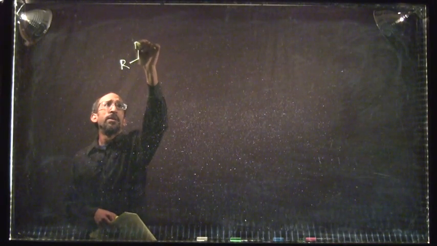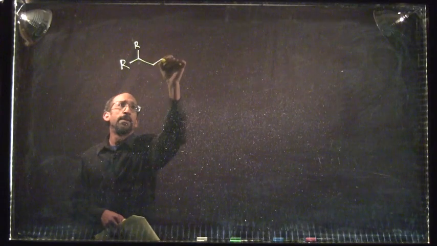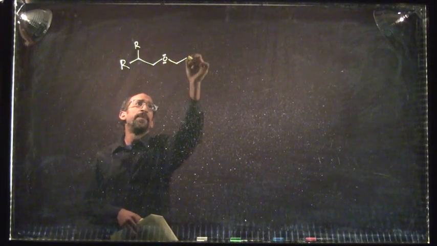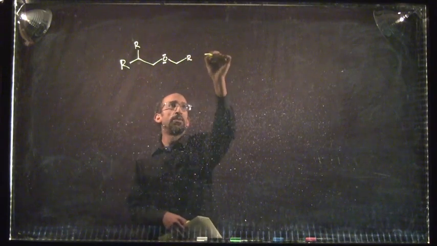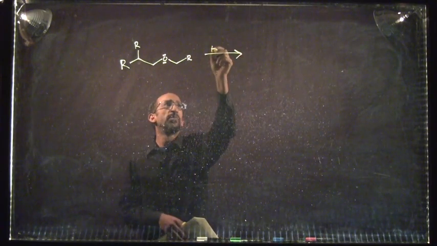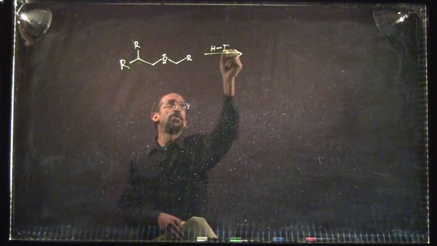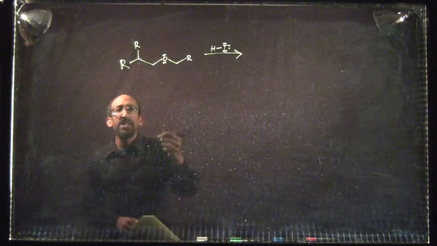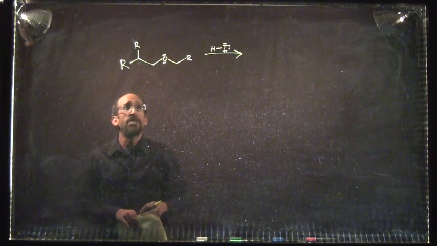So here I'm going to put up a relatively simple ether. And we see that if we treat this ether with hydrogen iodide, and again what I'm showing here is also applicable if I were to use hydrogen bromide, in the first step, the oxygen of the ether is going to behave as a base.